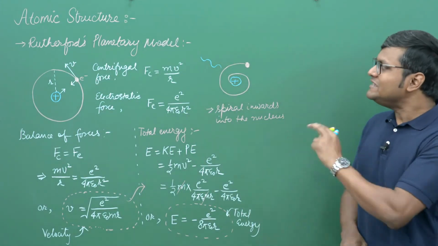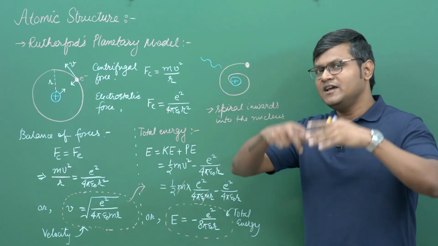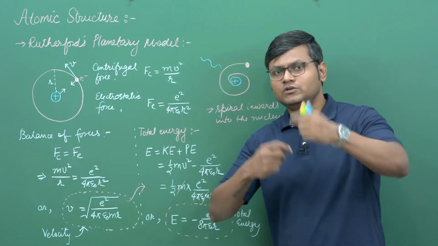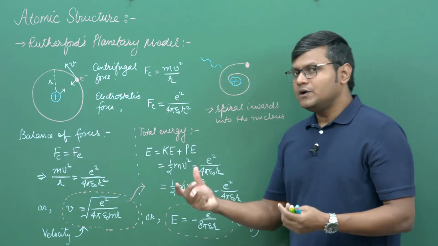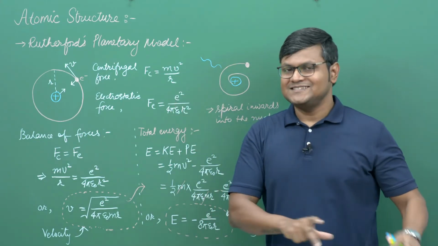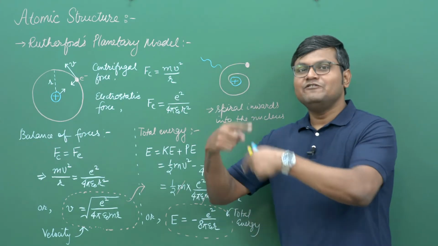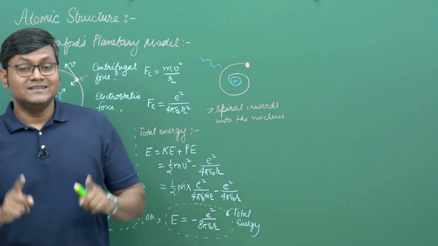However, the simplicity of the Rutherford model, that the atom is similar to the planetary model where electrons revolve around the nucleus, became so popular that it is part of our cultural idea of what an atom represents. Now let's move on to the next evolution of this model, which is the Bohr model of the atom.